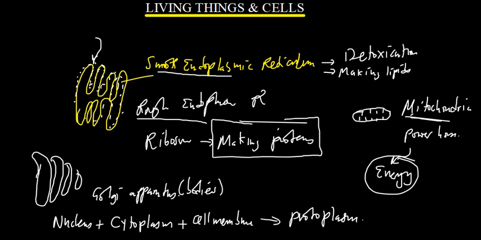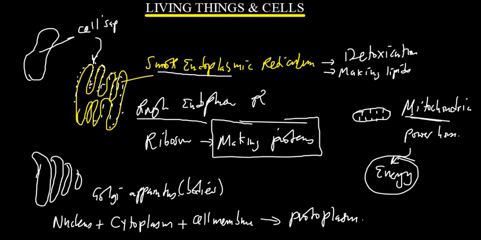The vacuole that we talked about, that space that you saw in a plant cell, contains a fluid inside, and that is known as cell sap. Now, cell sap is a solution which contains like sugar, salt, and water.